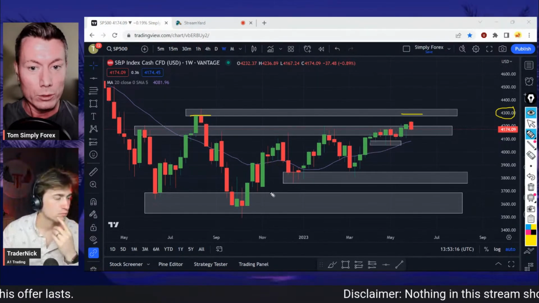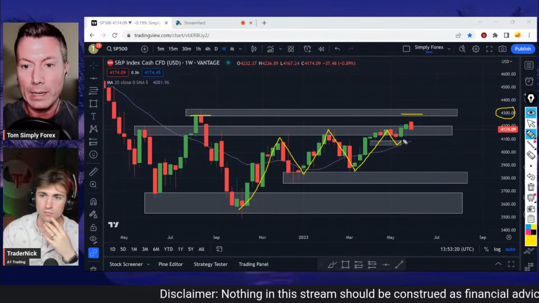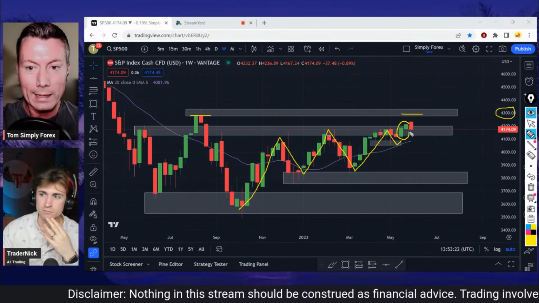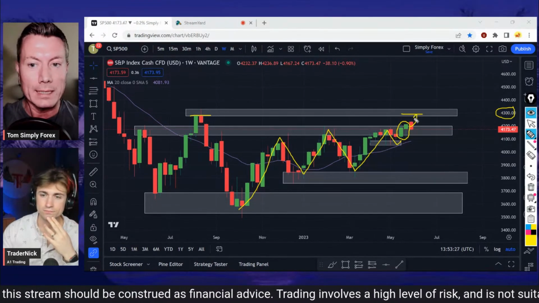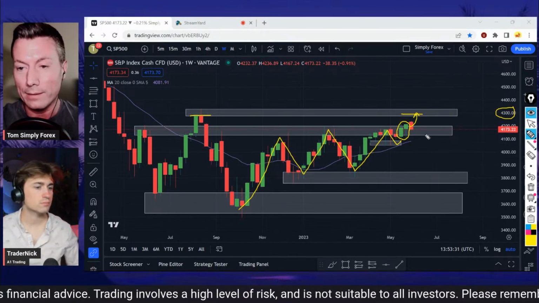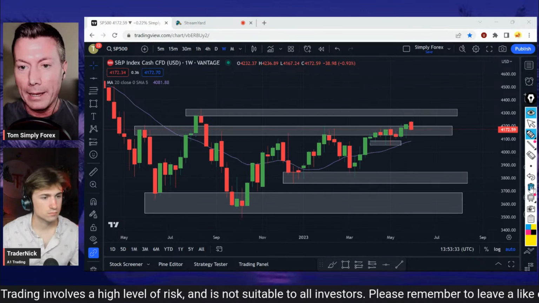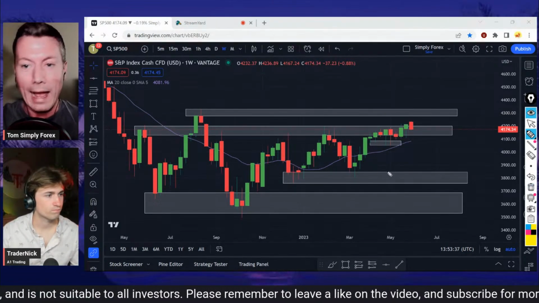If we just look at the structure, the weekly chart is building up. Yeah, we're getting these bullish weekly candles. I think it still has a bit more room to the upside in terms of the weekly chart for the S&P. And those candles give me confidence in that happening.